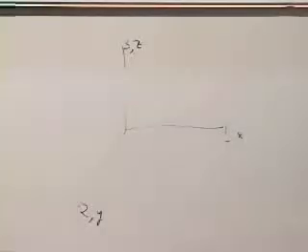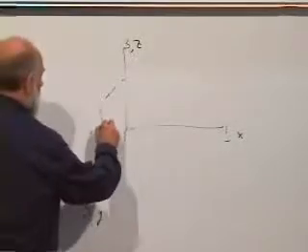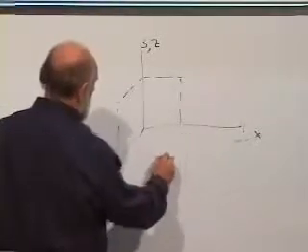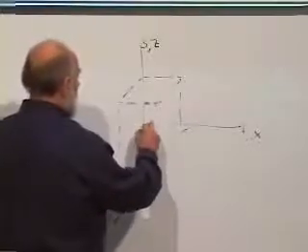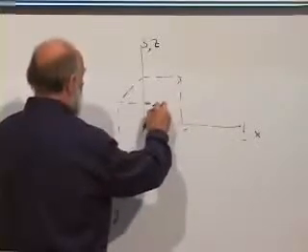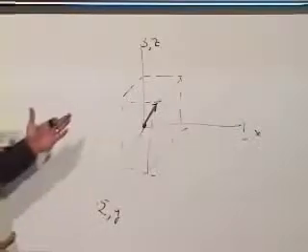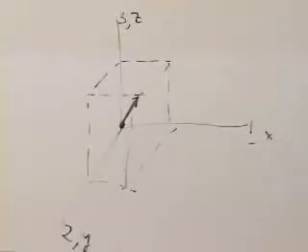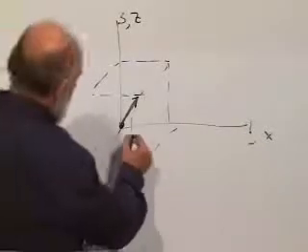And now I pick some arbitrary pointer, pointing along that direction. And let's take it to be a unit vector, which means it's 1 unit in length. It's described by a set of 3 components. The sums of the squares of the components have to add up to 1. But here are the 3 components.